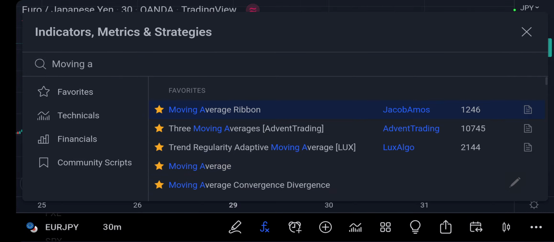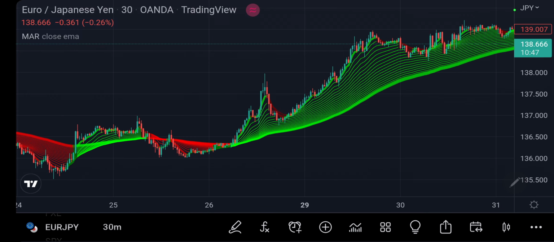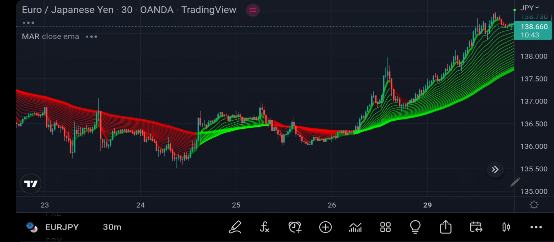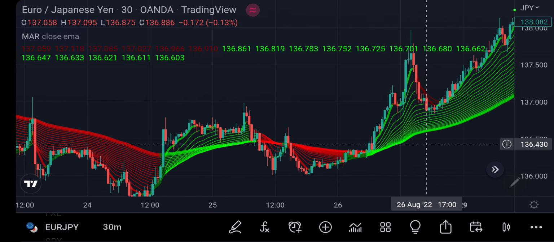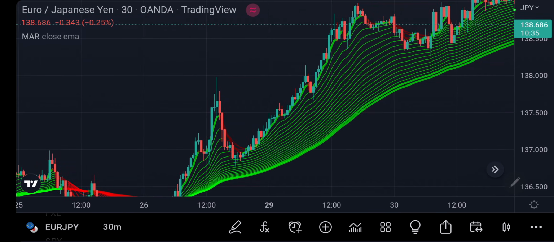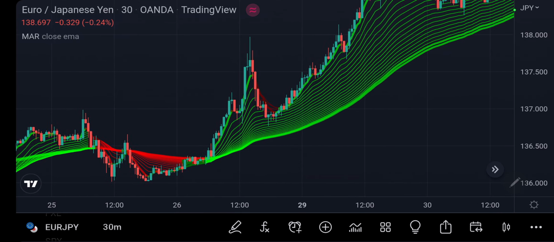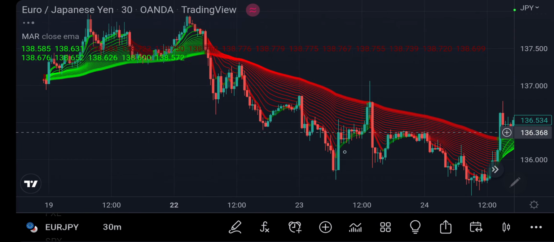When you click on this moving average ribbon, you will see something like this. It looks very noisy on your eyes with a lot of different moving averages, but it is very helpful because it shows you the strength of the trend, how strong the trend is.